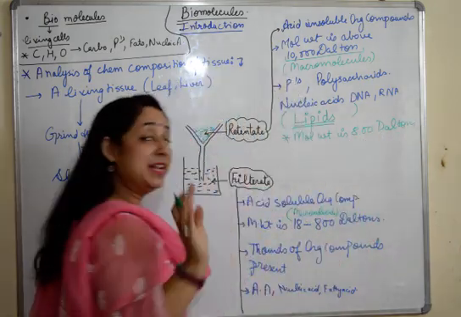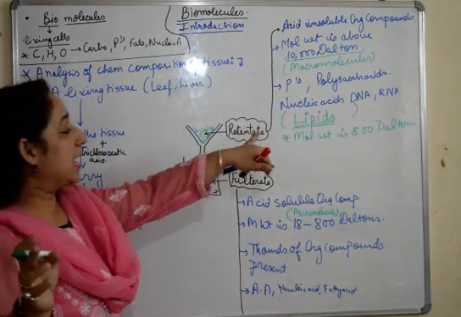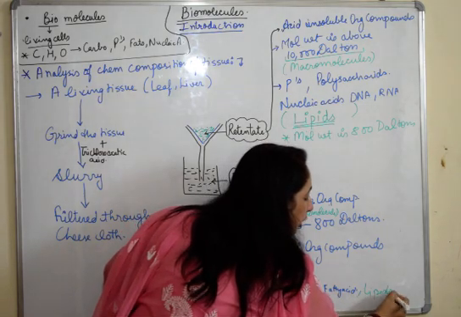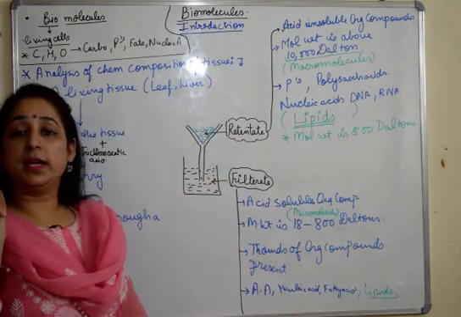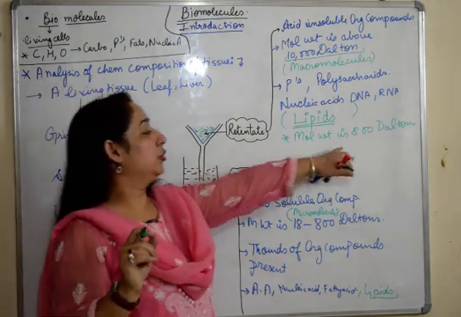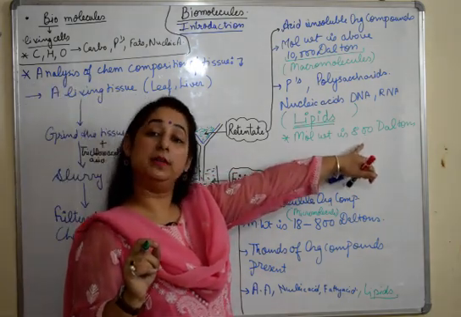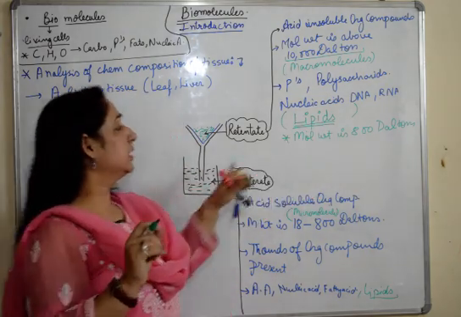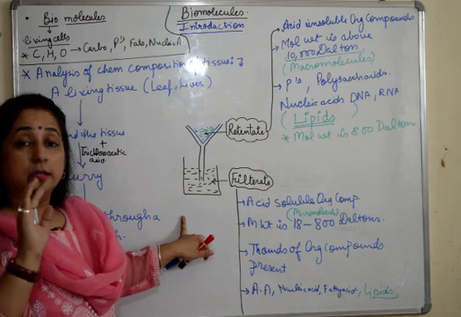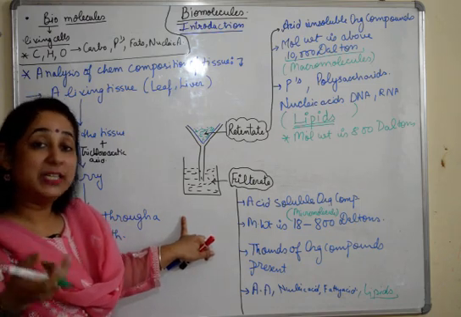So even if they remain in the retentate, they are considered micromolecules. They will be counted under micromolecules because they have a molecular weight of only 800 Daltons. So this is an experiment to separate the organic compounds from a tissue.